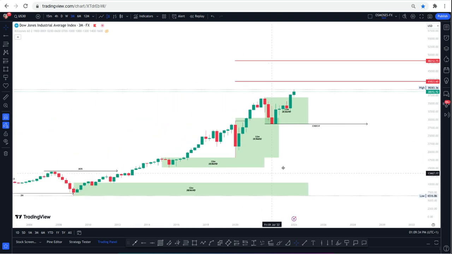So my view is still bullish. I'm still bullish heading out for this and this, and I still have this unmitigated, so I can now put a liquidity here.